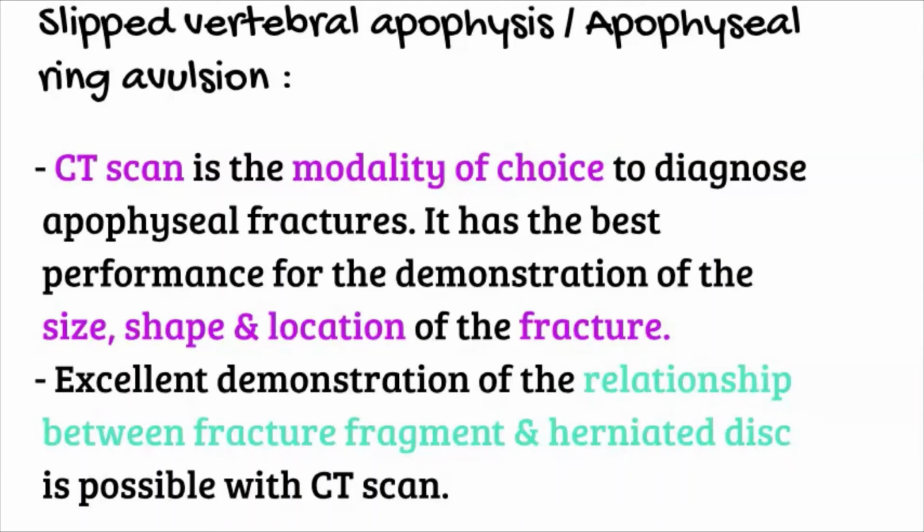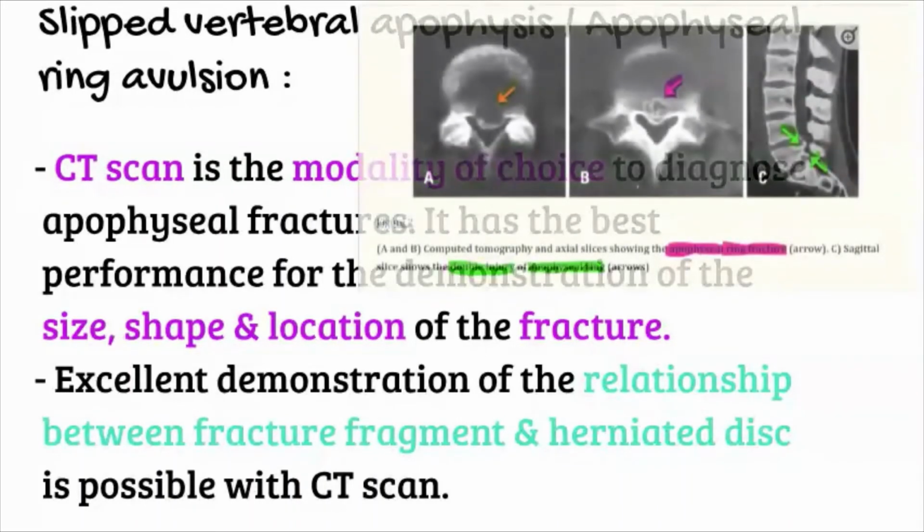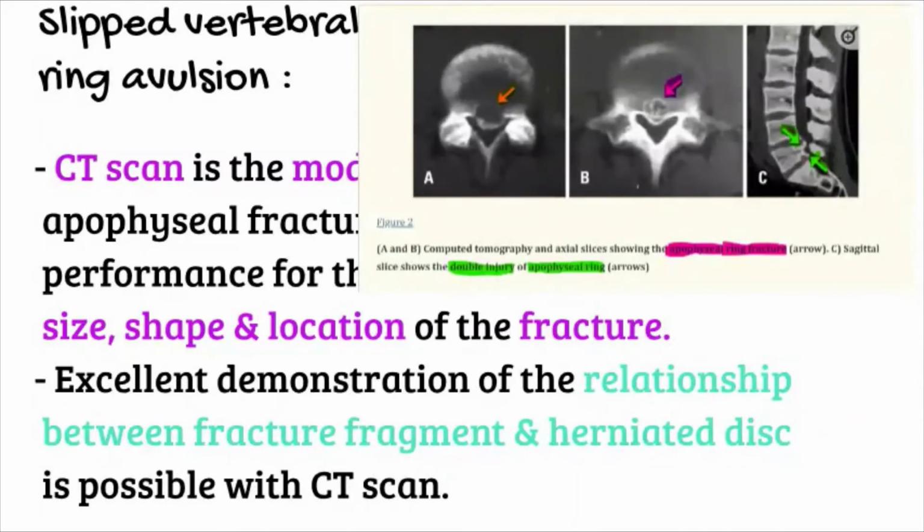This CT image shows axial slices through the apophyseal ring fracture. You can see the arrow. The sagittal slice shows the double injury of the apophyseal ring, arrow marked.